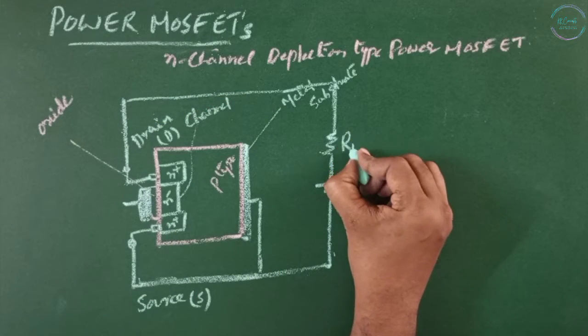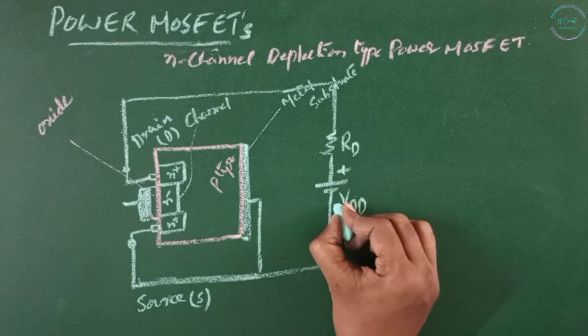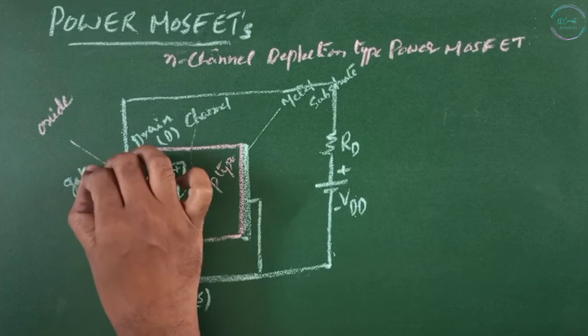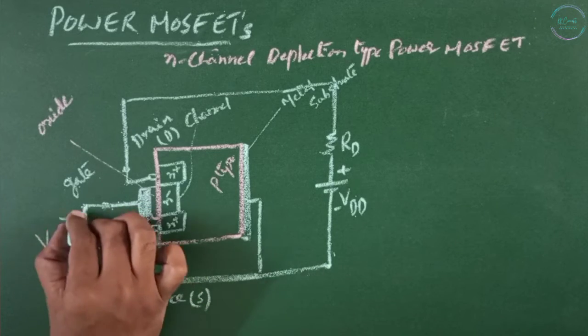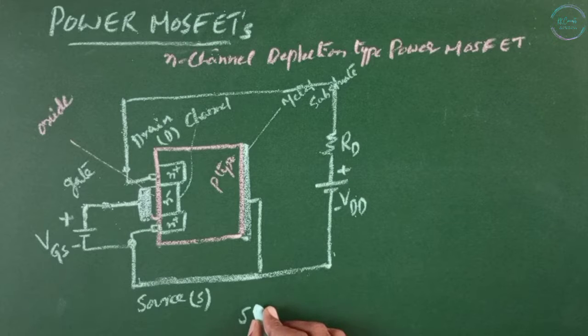And the resistance RD, and this is VDD, plus and minus. This is the gate voltage VGS, and this VGS may be positive or negative. And this is the structure of the N-channel depletion type power MOSFET.